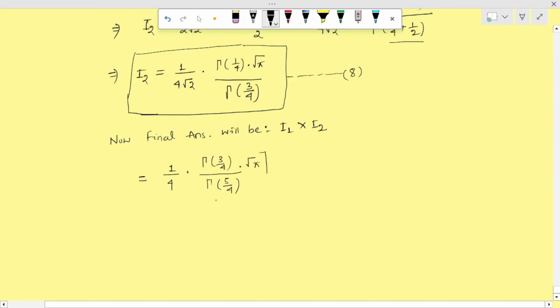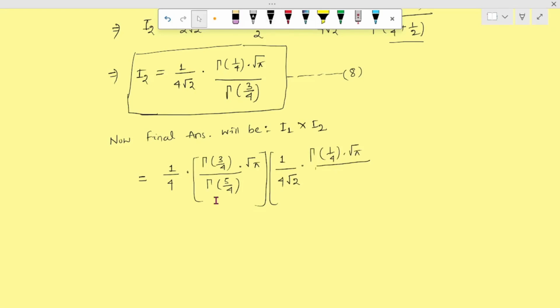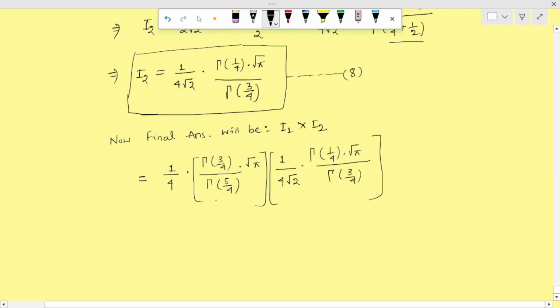This is your I1 value. I2 value, which we found in equation number 8, is 1 by 4 root 2 into gamma 1 by 4 into root pi by gamma 3 by 4. This is your I2 value.